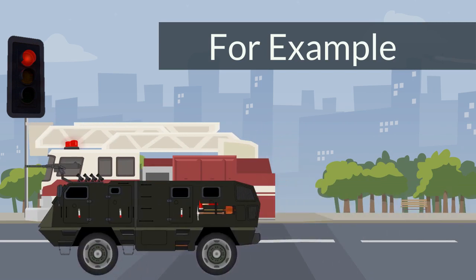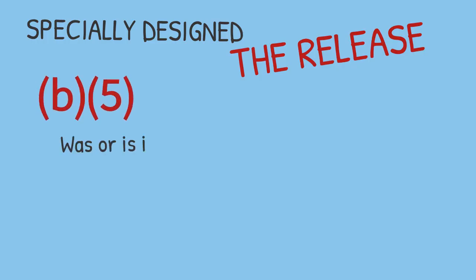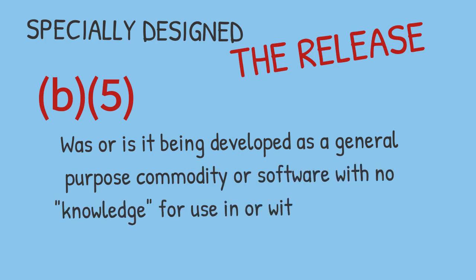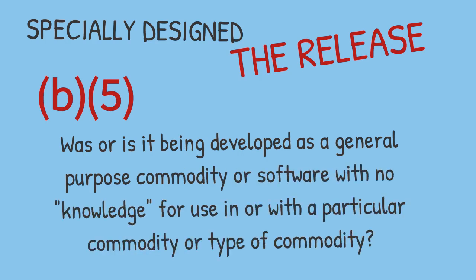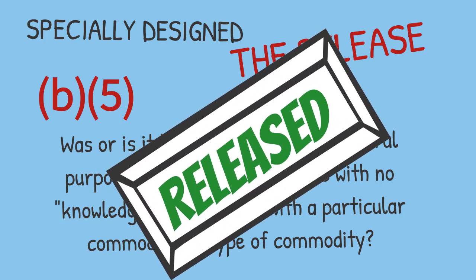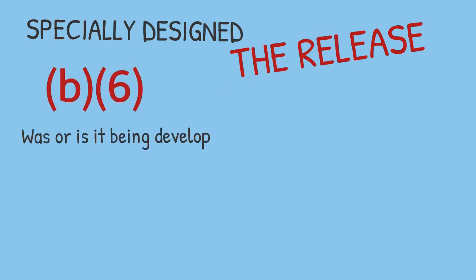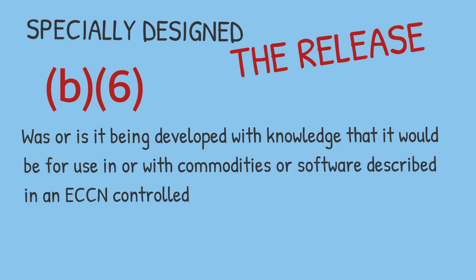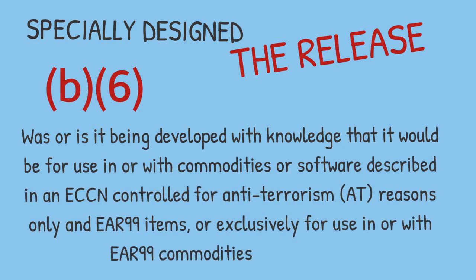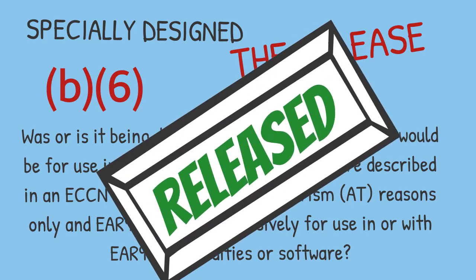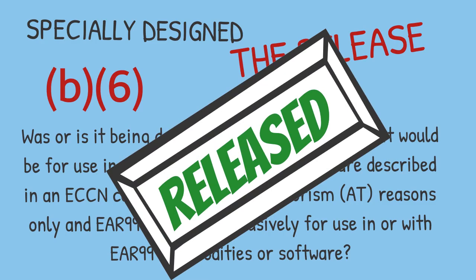Paragraph B5 releases a part that was developed for a general purpose with no knowledge that it would be used in or with a particular commodity or type of commodity. Paragraph B6 releases a part that is or was developed for use in or with both items described in ECCNs controlled for anti-terrorism reasons only and EAR99 items, or exclusively for use in or with EAR99 items.